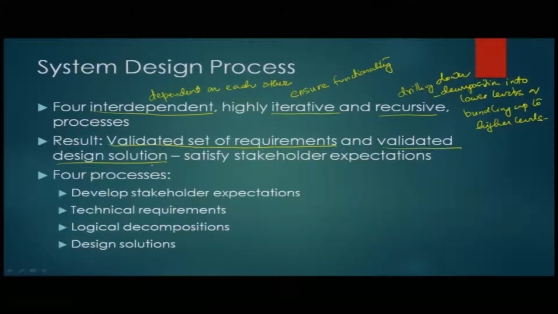The validation is always against stakeholder expectations. So when you say it's validated, that means it will satisfy the stakeholder, or for the time being let's use the word customer as a synonym. We will explain this later, expectations.